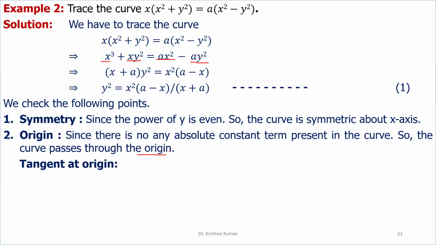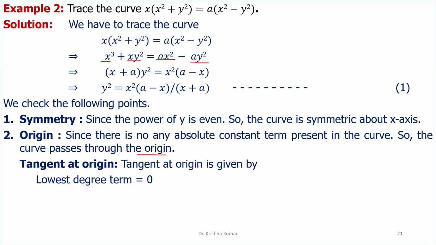Tangent at origin is given by the lowest degree term equal to 0. So what is the lowest degree term? The degree of this term is 3. The degree of this term is 1 plus 2, also 3. Here a is constant, so the degree of this term is 2 and this term is also 2. So we have the lowest degree term is this.